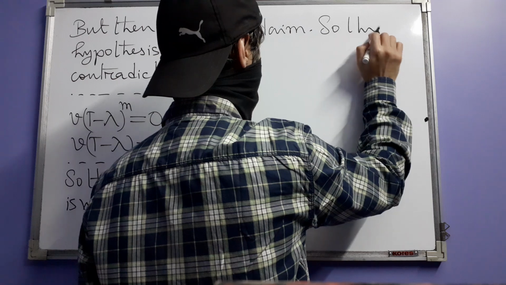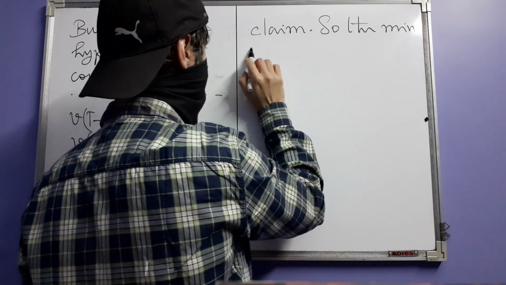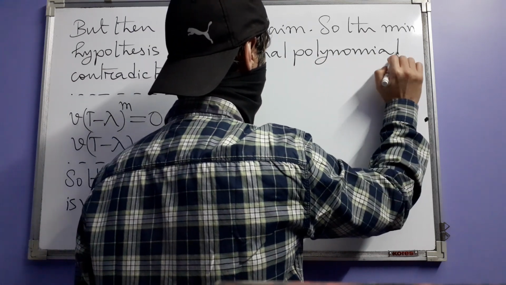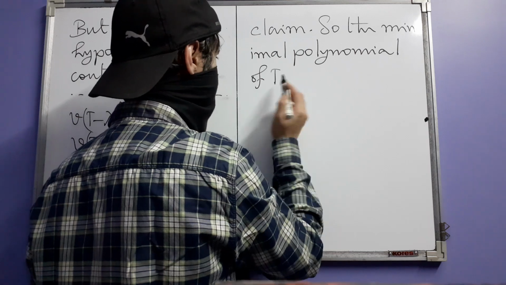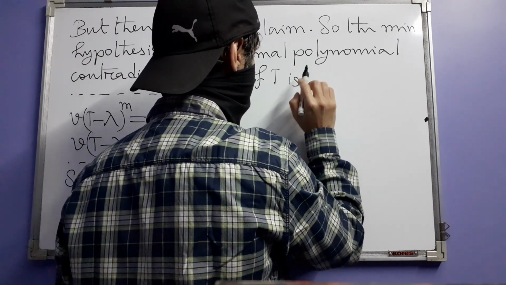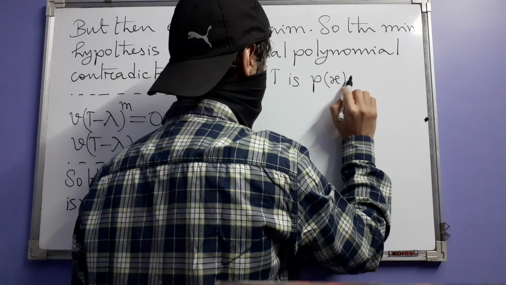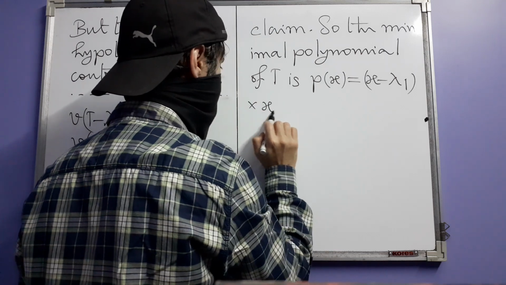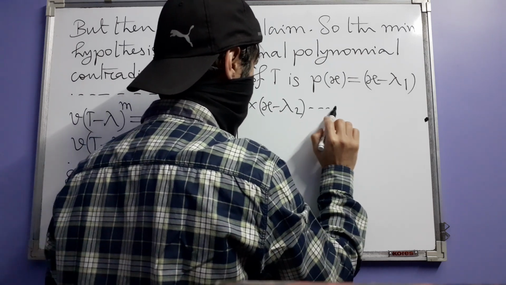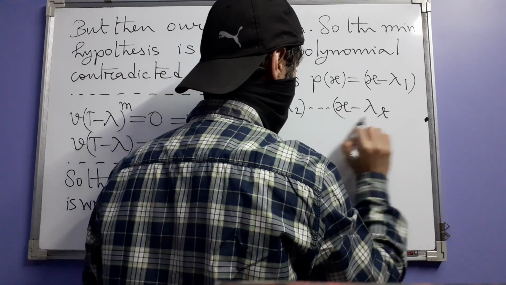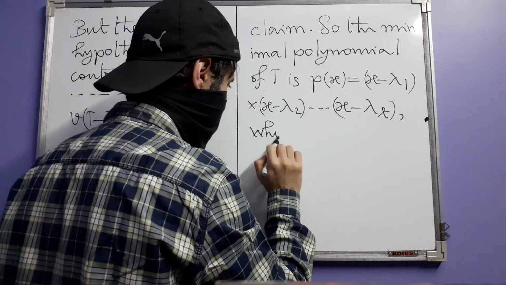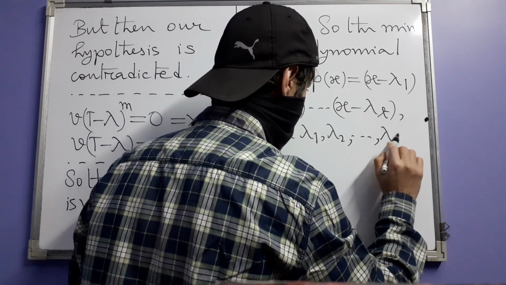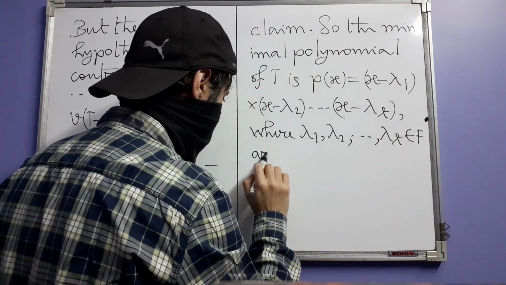So the minimal polynomial of t is this, where the factors are distinct.